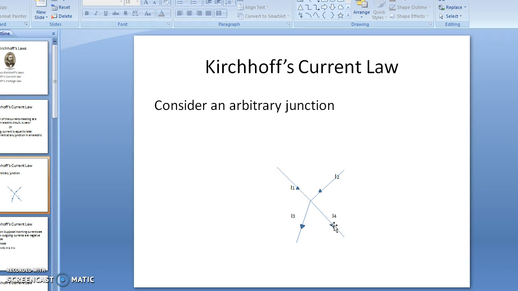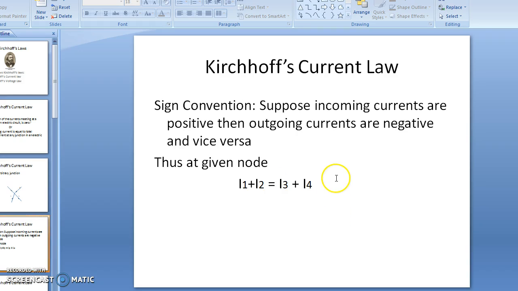So according to the law, to take the algebraic sum, we have to decide some sign convention for incoming currents and outgoing currents. Suppose we consider the incoming currents as positive, then outgoing currents will be negative. Similarly, if we consider the outgoing currents as positive, then incoming currents will be negative.